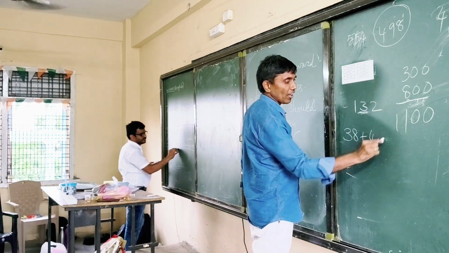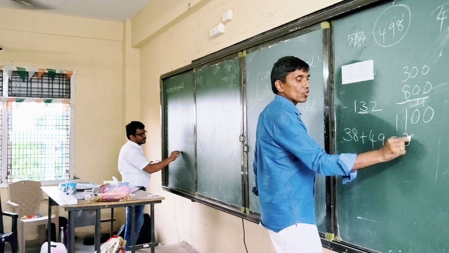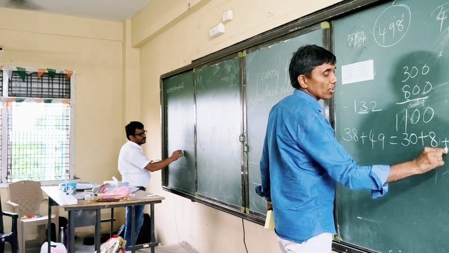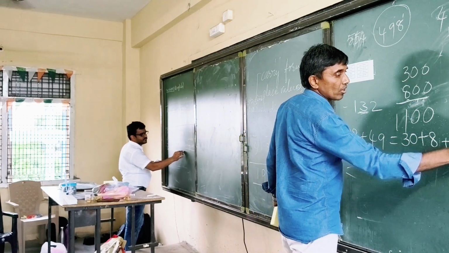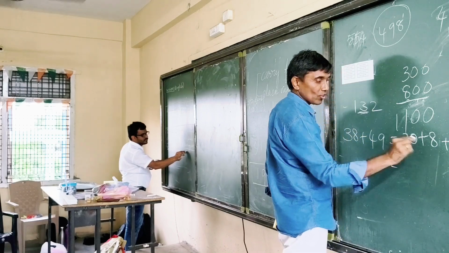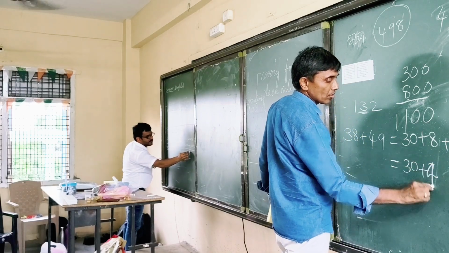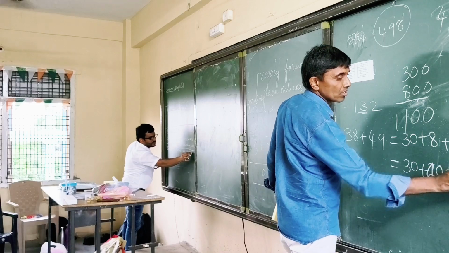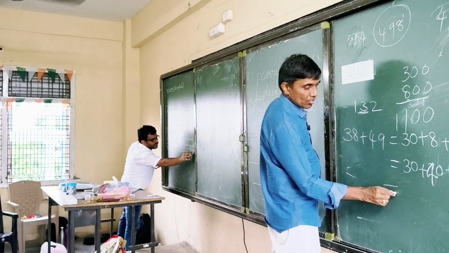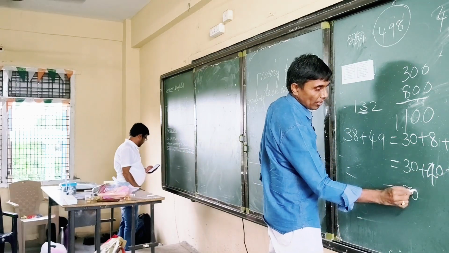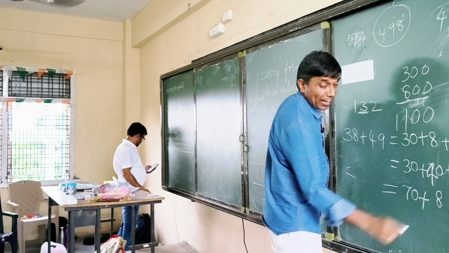38 plus 49 is equal to 30 plus 8 plus 40 plus 9. So that is equal to 30 plus 40, 8 plus 9, so 70.